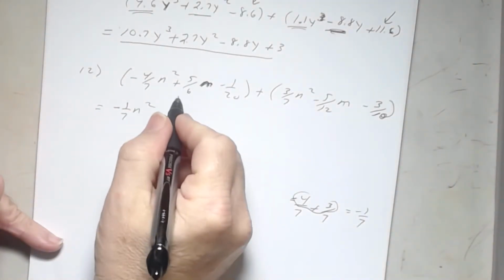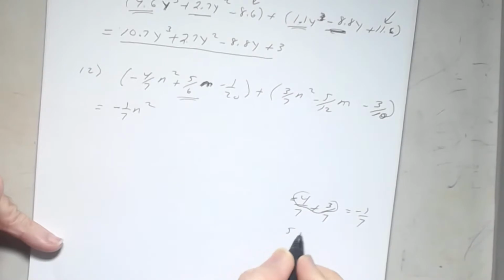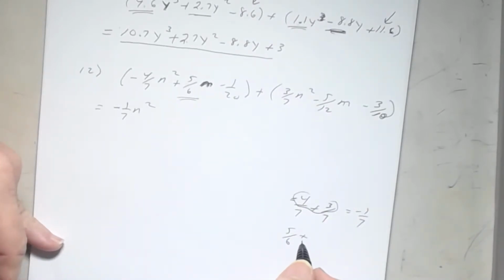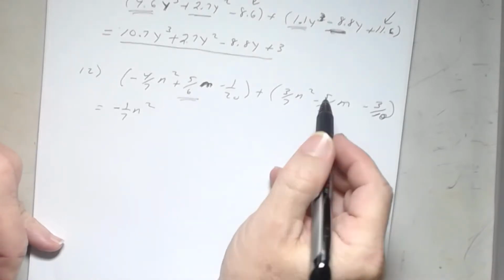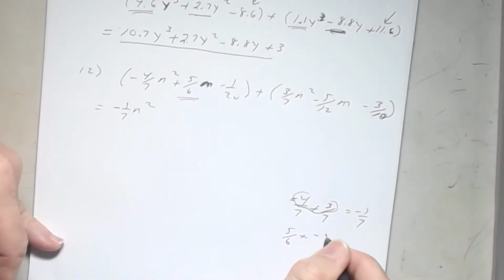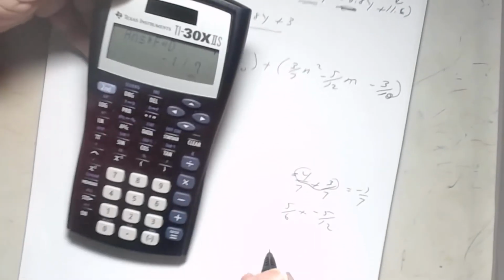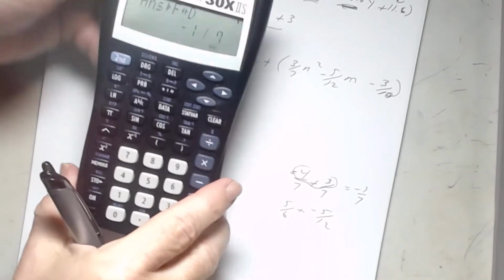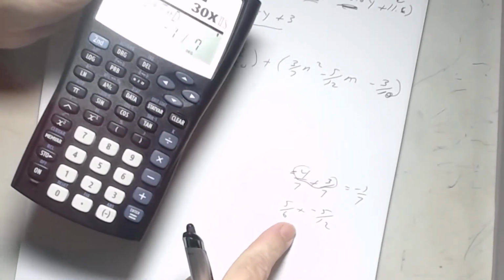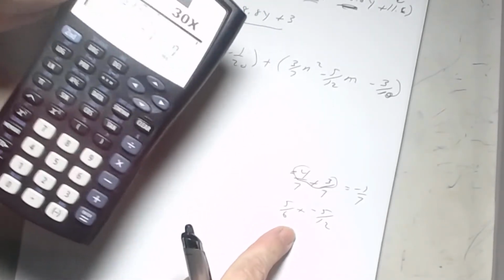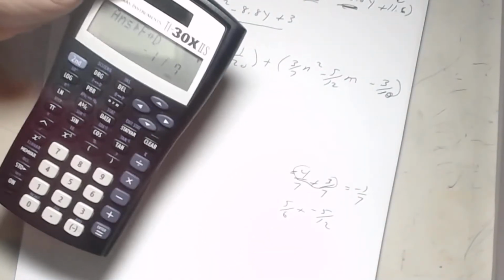Then let's do the m's. So this is 5/6 right here, and then you're adding it to a negative 5/12. All right. So use your calculator. Now on a test, you want to use your calculator here because you don't have time to do this by hand. You're wasting probably 2 minutes or so for some of you.